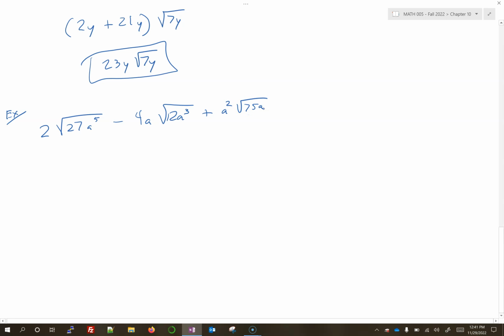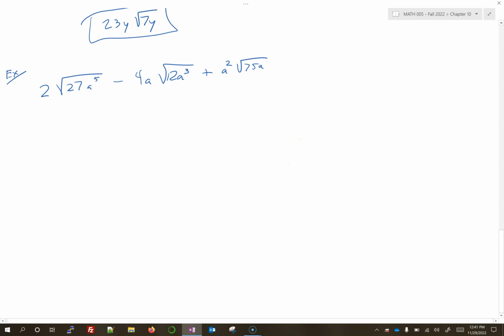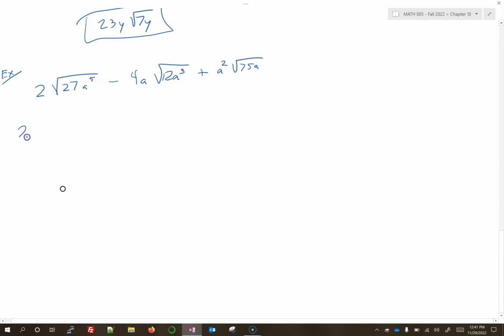All right, so let's see what we can do. At this point, hopefully we're pretty good at breaking these up. So when I break this first term up, it's going to be 2 times the square root of 9 times the square root of 3 times the square root of a to the 4th times the square root of a.